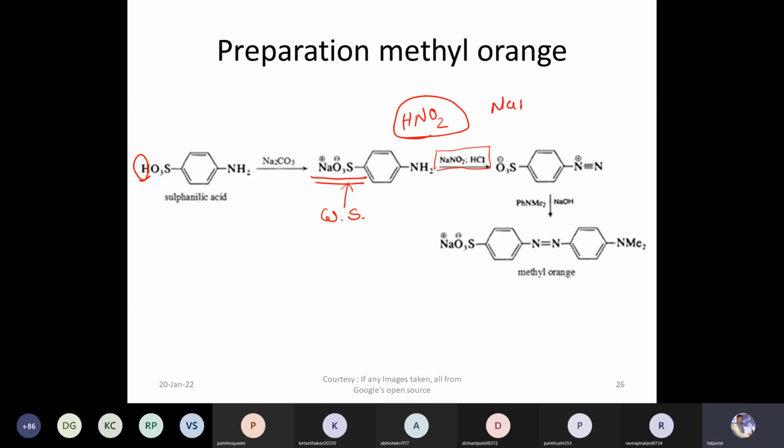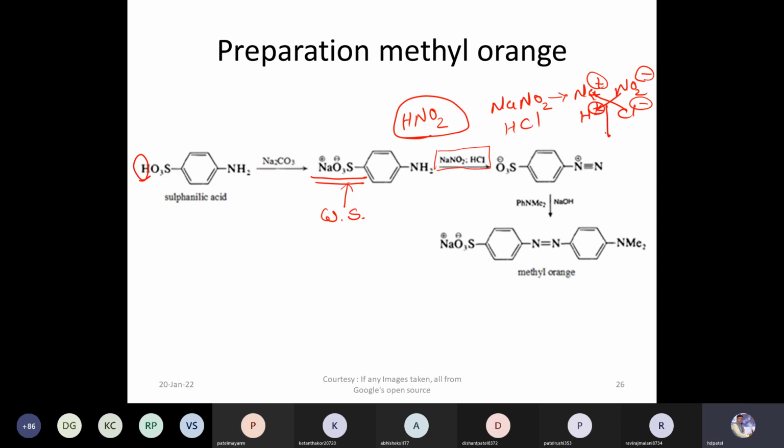First NaNO2, which is water soluble. By addition of water, what will we get? Na+ and NO2-. In the same way HCl is also water soluble, so we will get H+ and Cl-. Cl- will react with Na and NO2 will react with H+.